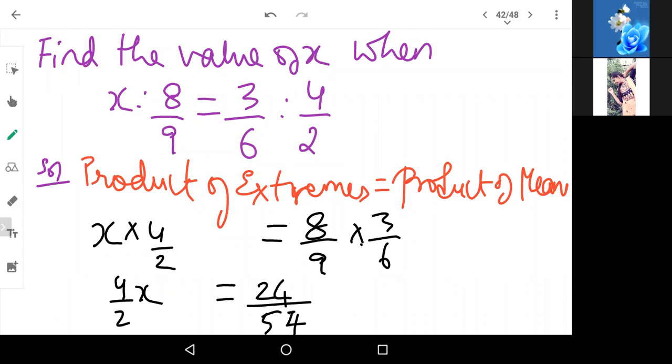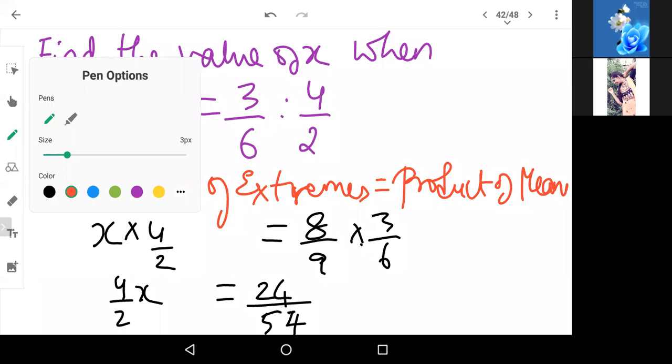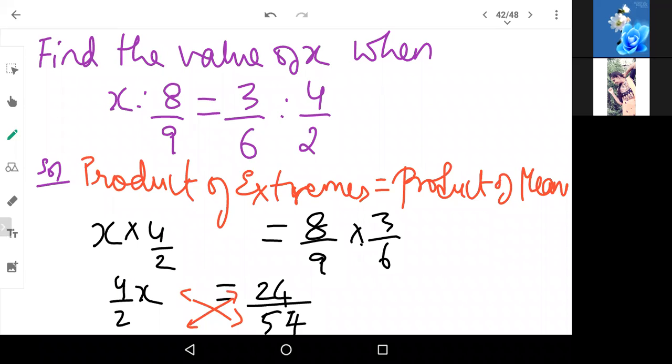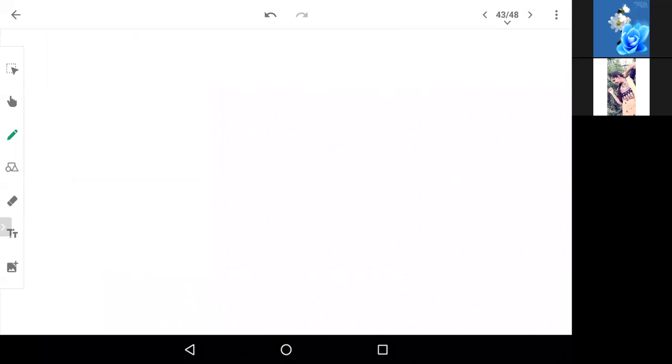Now when you have it like this, you can just do the cross multiplication, correct? So here do the cross multiplication. And so what do you get? 4x into 54 is equal to 24 into 2.